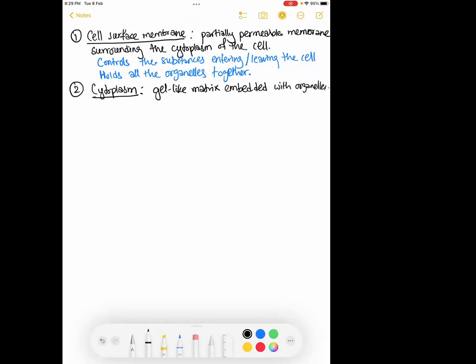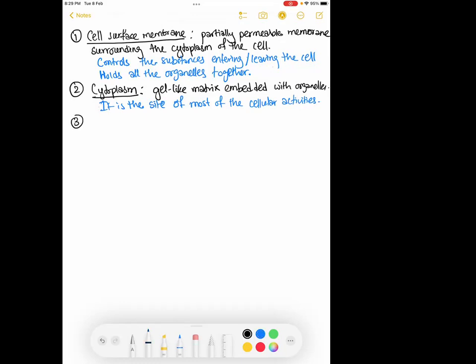Now, what is its function? It is the site of most of the cellular activities. So all the cellular activities actually happen in the cytoplasm.